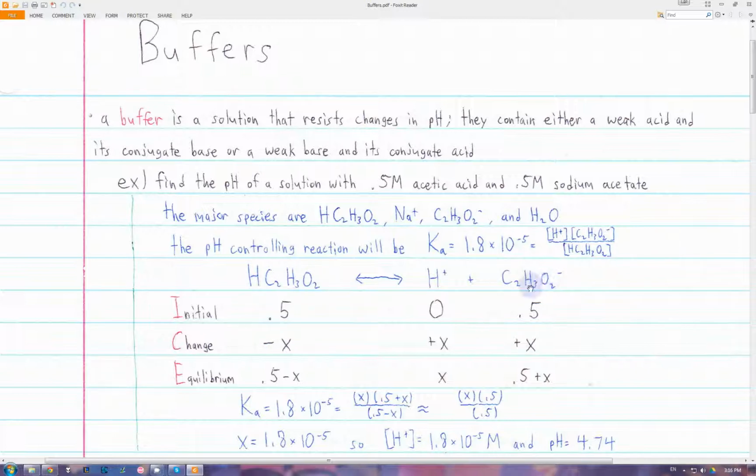That's the main difference from the other acid-base problems, but otherwise, it's just the same. We do the ICE chart, plug those into the equilibrium expression, find x, and that's just the concentration of H+, and from there we can find the pH. So the pH of this buffer solution is 4.74.